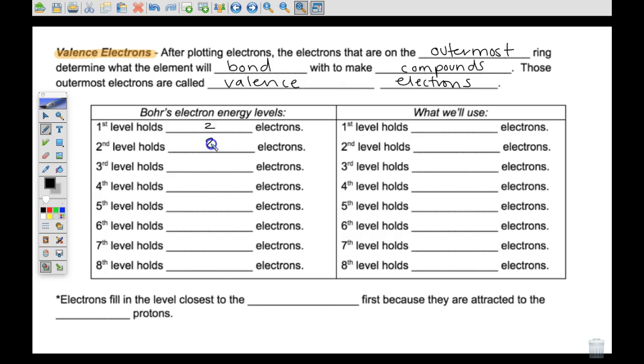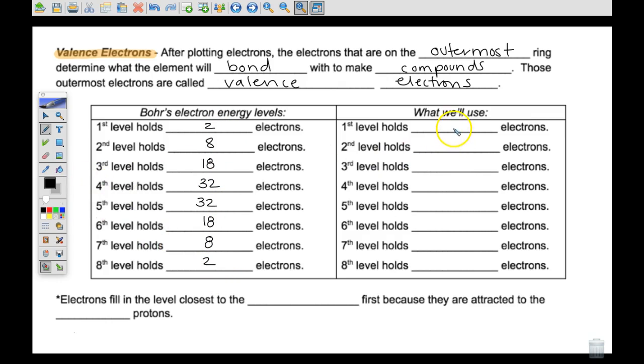The second level holds 8. The third level held 18 electrons. The fourth level held 32. The fifth level could hold 32. The sixth level could hold 18. The seventh level could hold 8. And then the eighth level could hold 2. So essentially, Bohr thought it was almost like a palindromic-like sequence.